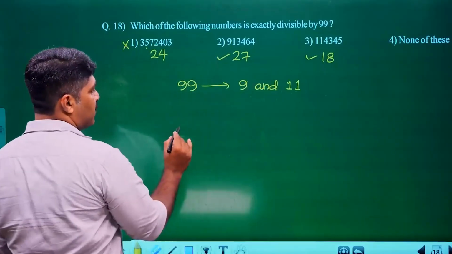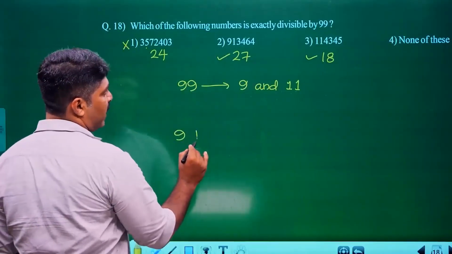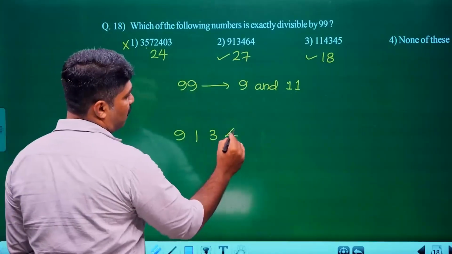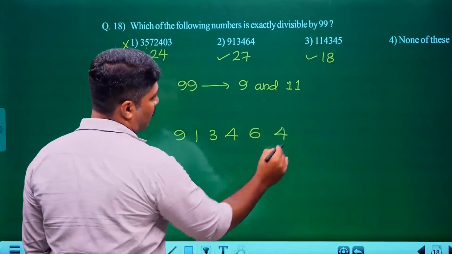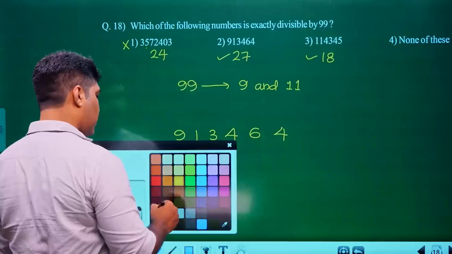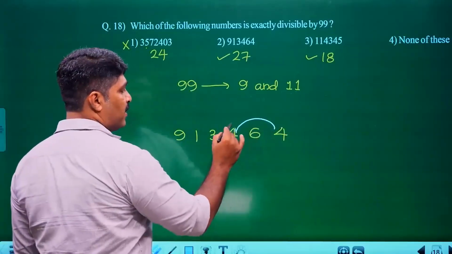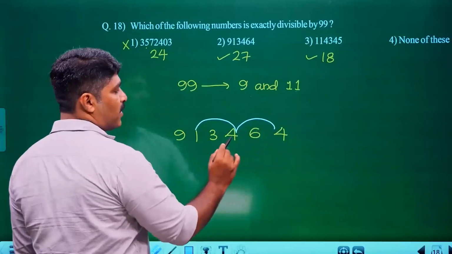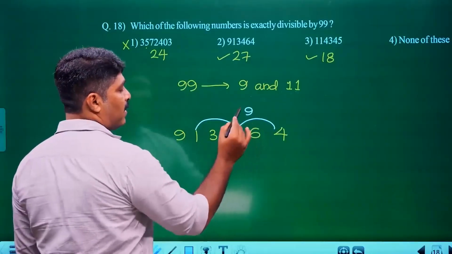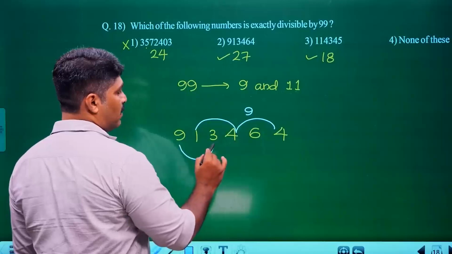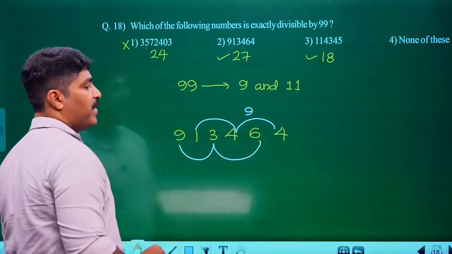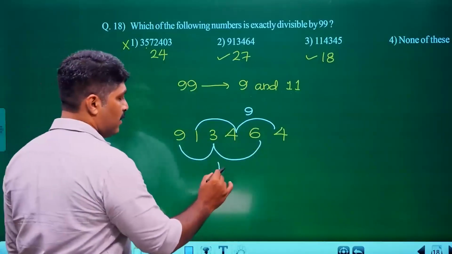While we are considering this number, this is 9, 1, 3, 4, 6, 4. What do you have to do? For checking the divisibility rule for 11, you have to take the sum of alternate place digits. This is 4 plus 4, 8 plus 1, 9. And this one, 9 plus 9, that's equal to 18.